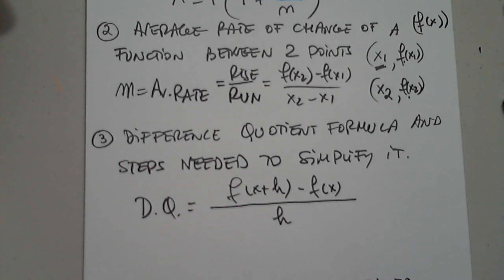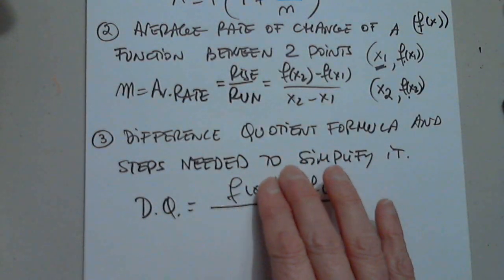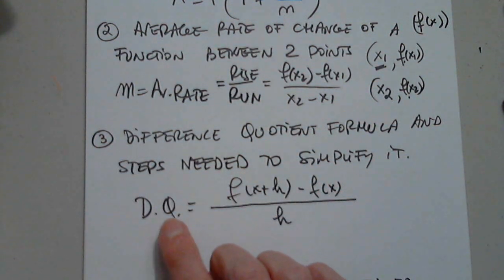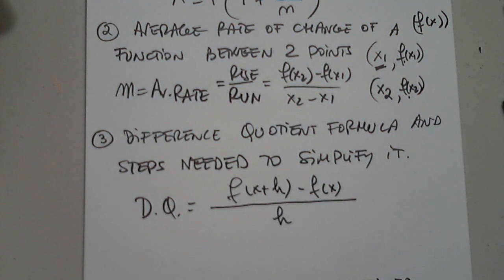Good. So what are the 2 steps that have to happen when we work on the difference quotient for any function? Is it factor and simplify? Good. But there's 2 steps that have to happen. If they don't happen, then we know that something is wrong. Do we have to cancel like terms? Yes.